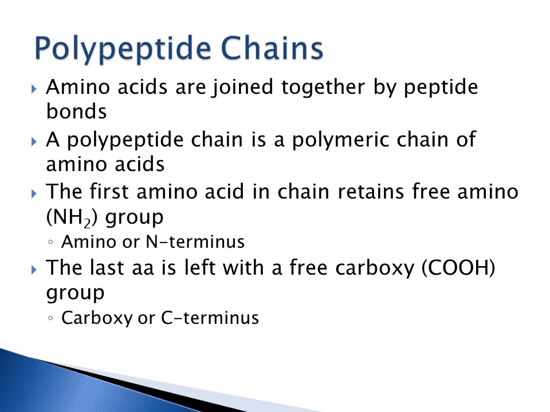So a polypeptide chain is a polymeric chain of amino acids. The first amino acid retains a free amino group, and the first amino acid is called the amino or the N-terminus. The last amino acid is left with a free carboxy group, and that's why the last amino acid in a polypeptide chain is termed the C-terminus or carboxy terminus.